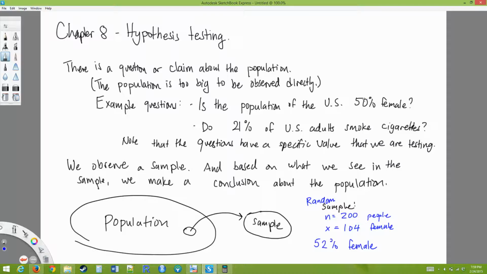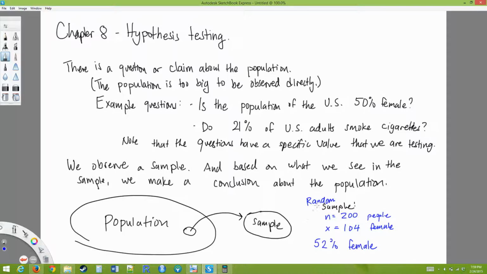Are you comfortable then to say we have more than 50% female in the United States, based on this sample? No. Okay, so my sample is showing more than 50% female, but basically we're asking, do we have more than 50% female in the United States?